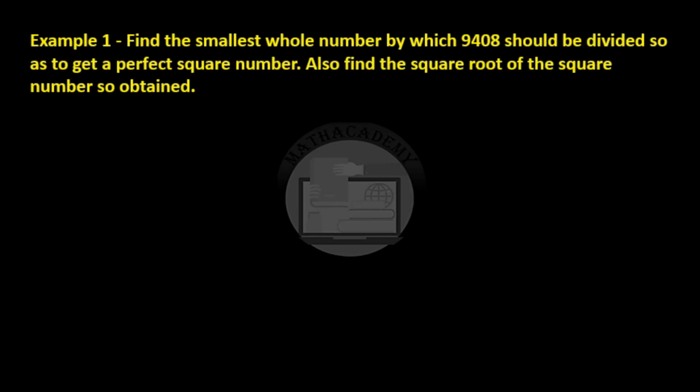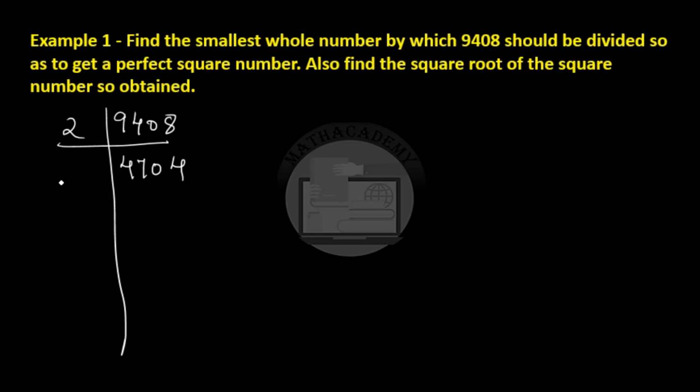Find the smallest number by which 9408 should be divided to get a perfect square number. Let us prime factorize it first. So 9408. Okay.